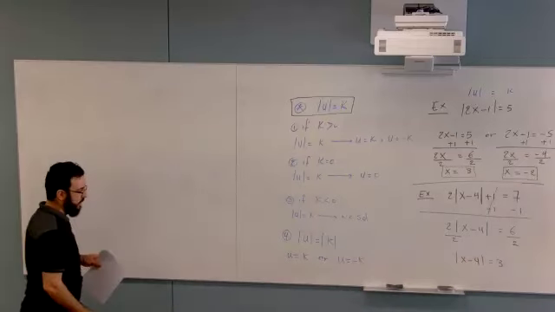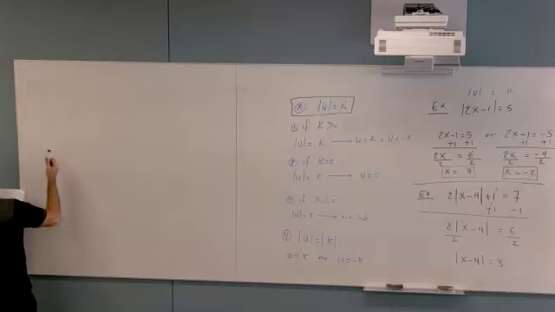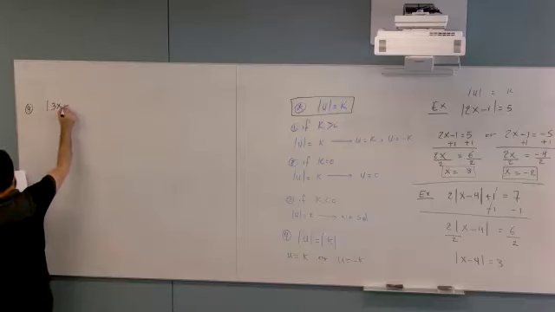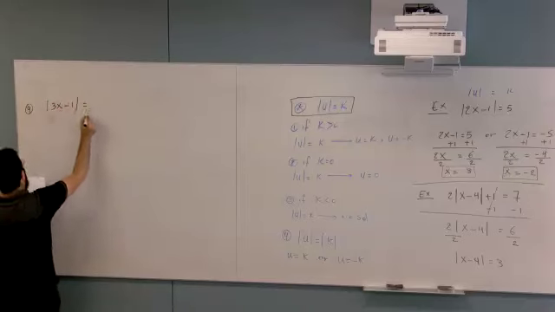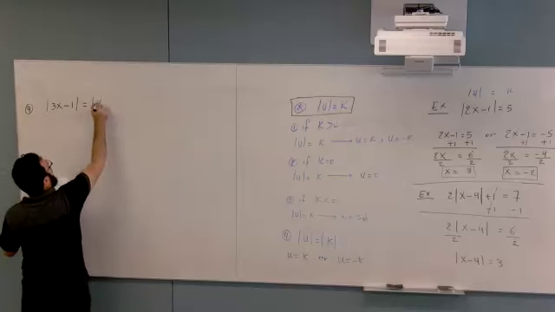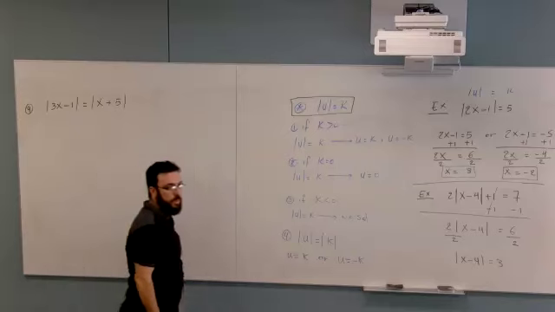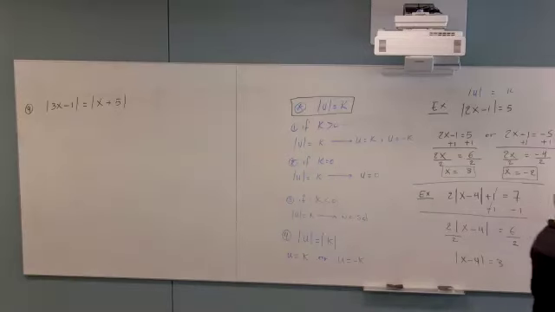Give me 2 answers, yes. So number 9, the absolute value of 3x minus 1 equals the absolute value of x plus 5. Okay, so that's what it says, and yes, you're going to get 2 answers.